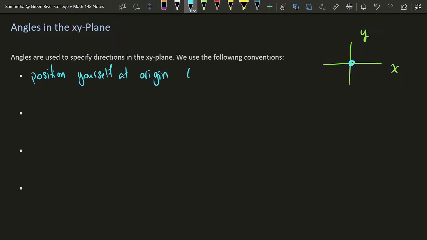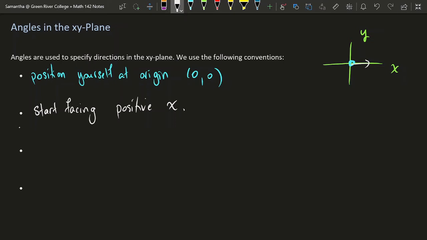This is usually represented by 0, 0 in coordinates. And start facing the positive x-axis. Start facing to your right.